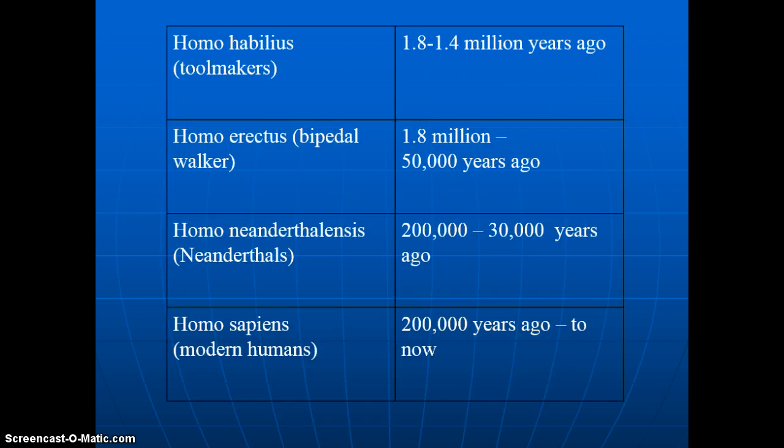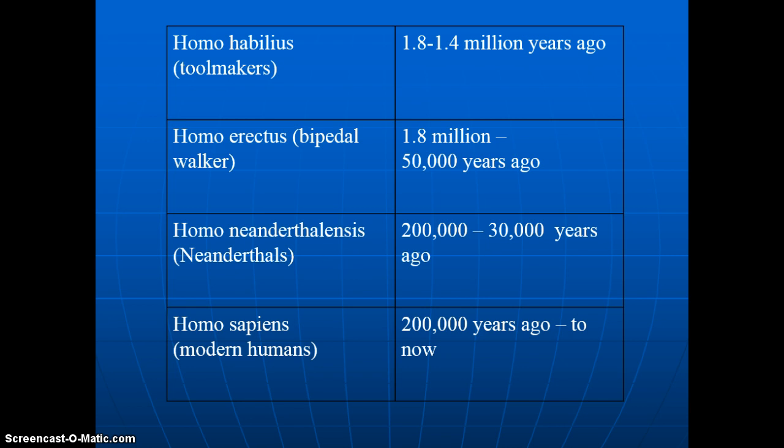I also made a table of all the other homos besides Homo sapiens, and yes, I am making a joke. And notice that we've got the tool makers, Homo habilis, almost 2 million years ago, Homo erectus, and then Neanderthals, who are very closely related to Homo sapiens.